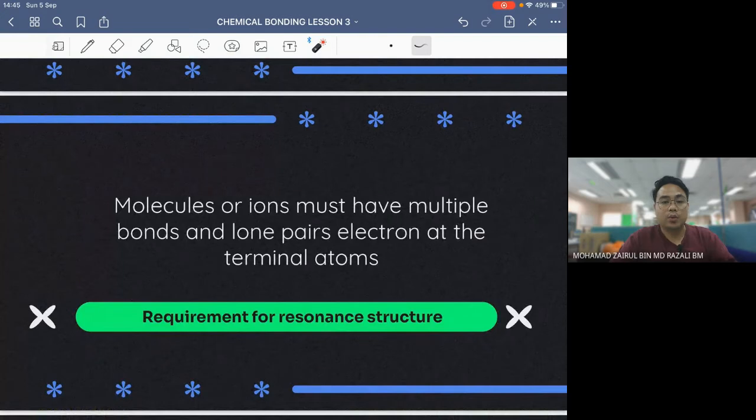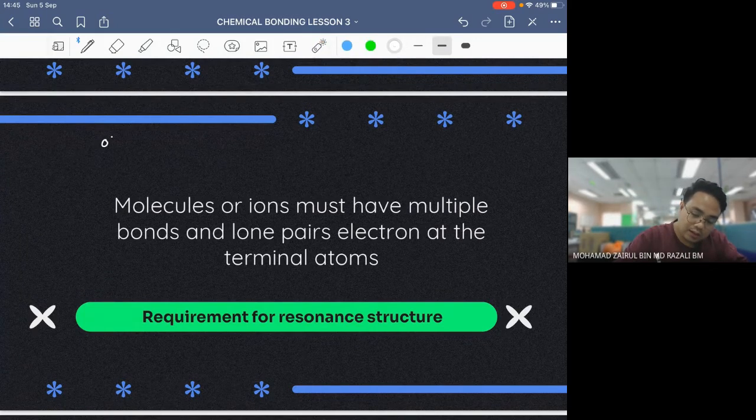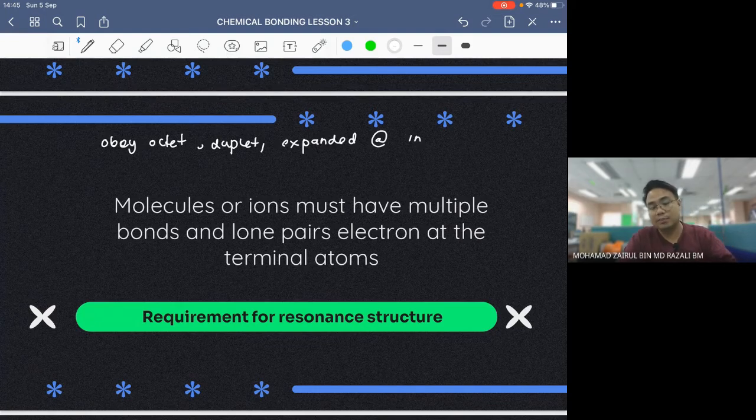So the requirements for resonance structure. The first requirement is the structure must obey either octet, duplet, expanded ataupun incomplete octet. So maknanya kalau stable structure dia octet, maknanya waktu awak nak buat resonance structure tu dia mesti obey octet.